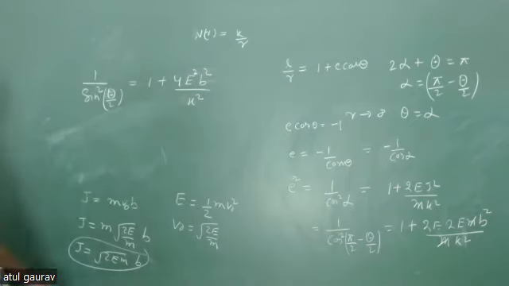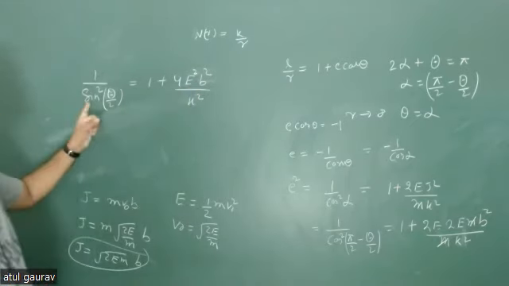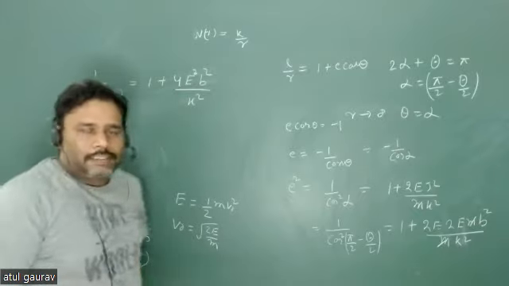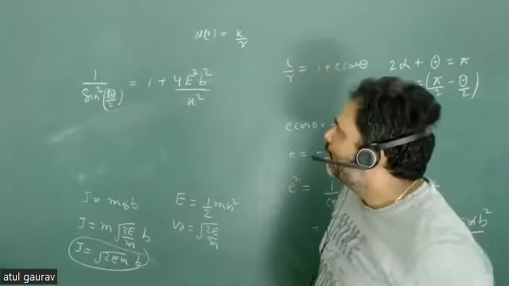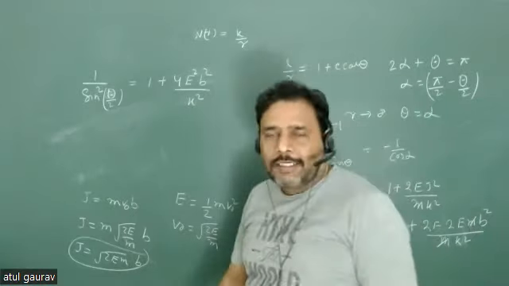Yes sir. And now you can have relationship b versus theta. So once you have relationship between b versus theta, then you can easily calculate the differential scattering cross section.